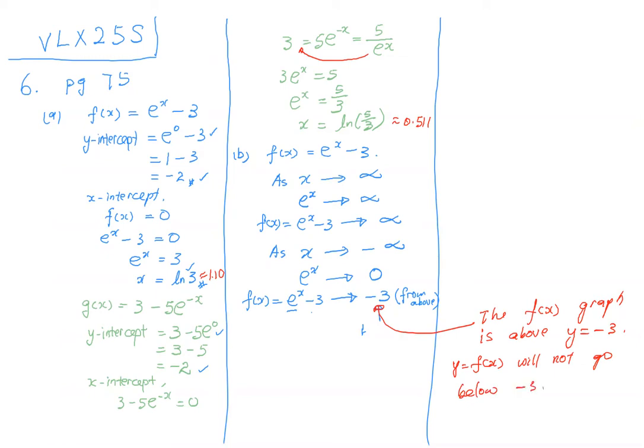So that is called the lower limit. So I can say negative 3 is the lower limit of y equal to e to the power x minus 3. Got it? That is called the interpretation.